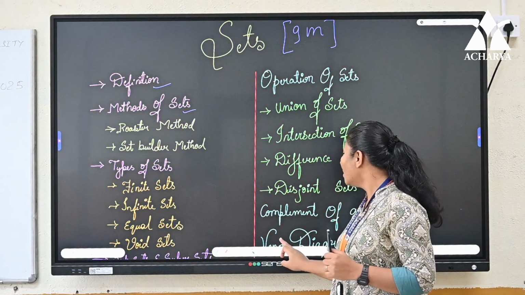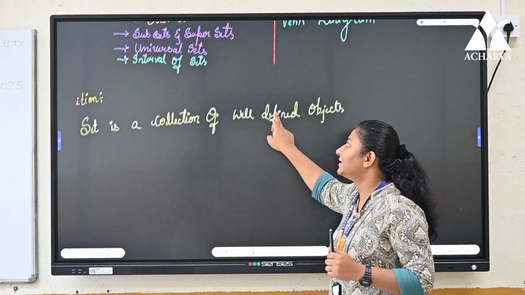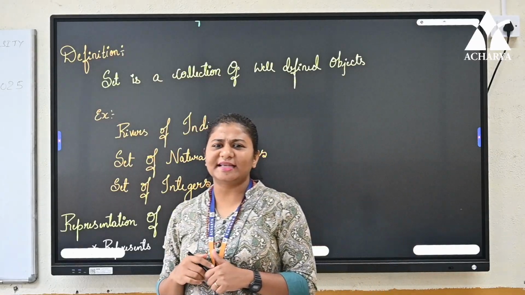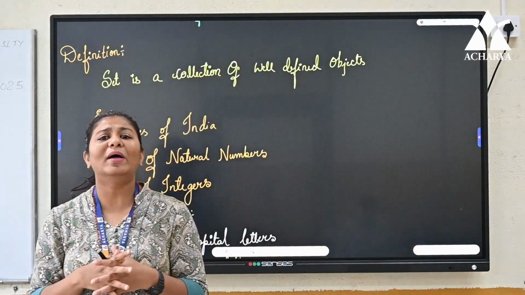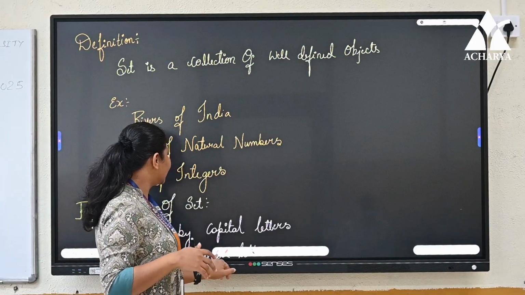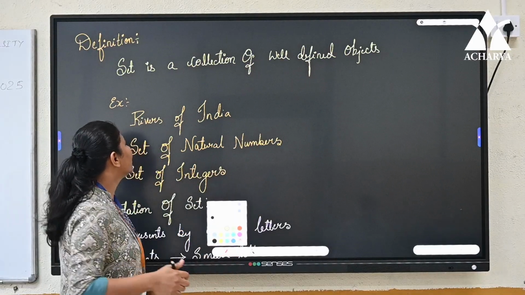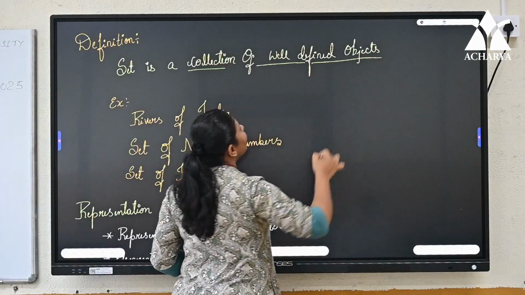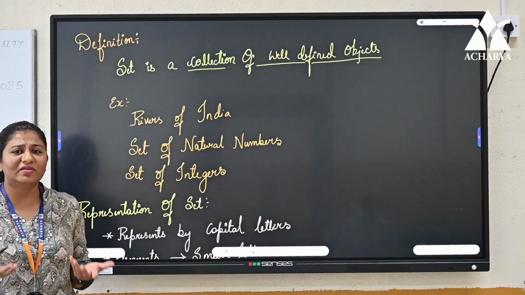So let us know what a set is. A set is a collection of well-defined objects. How can we say that it is well defined?